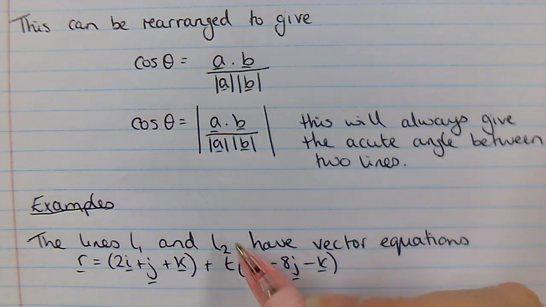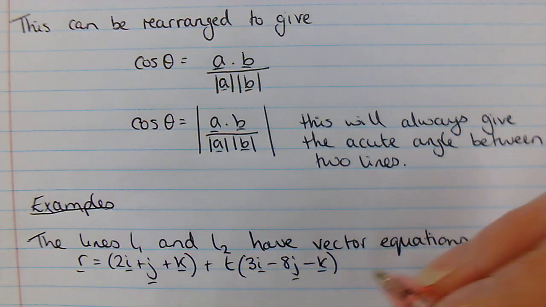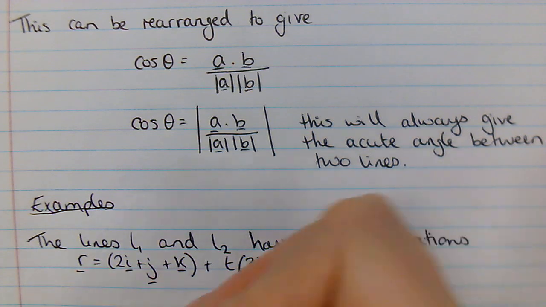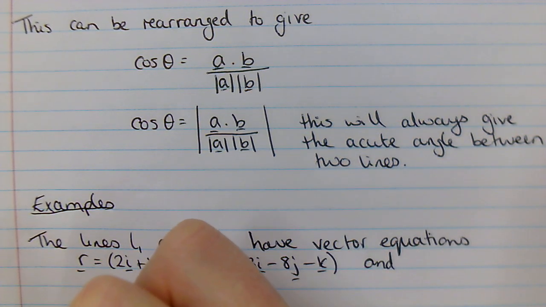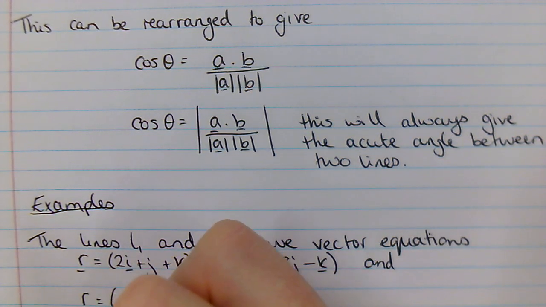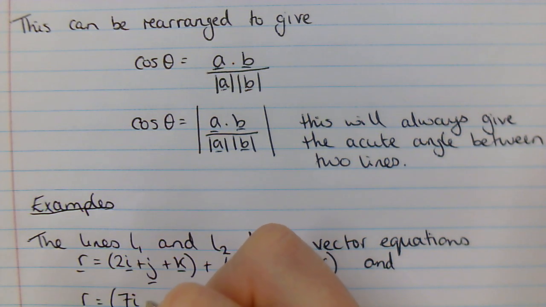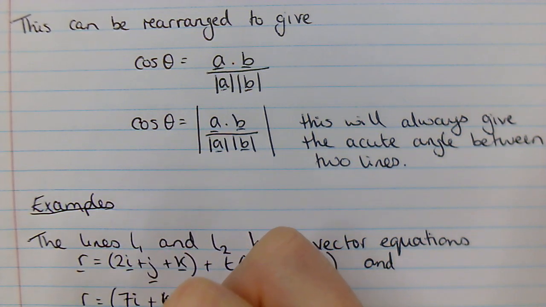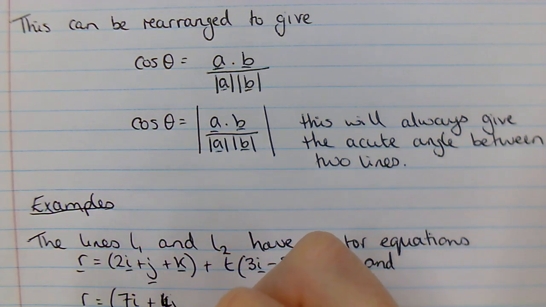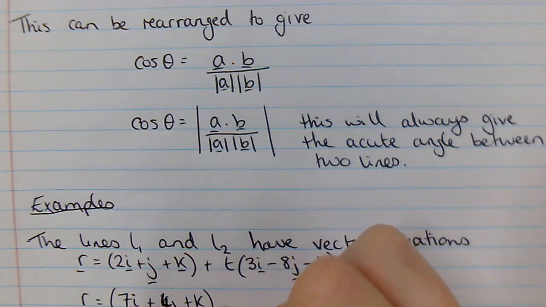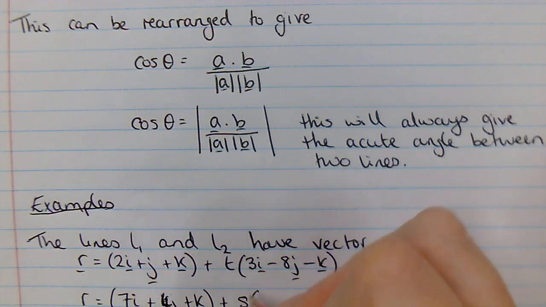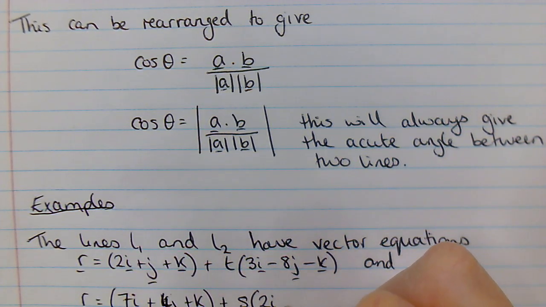Now obviously we'd normally use lambda and mu, they've just used t and s, but it doesn't matter, it's the same thing. And then line 2 is r equals 7i plus 4j plus k plus s(2i plus 2j plus 3k) respectively.